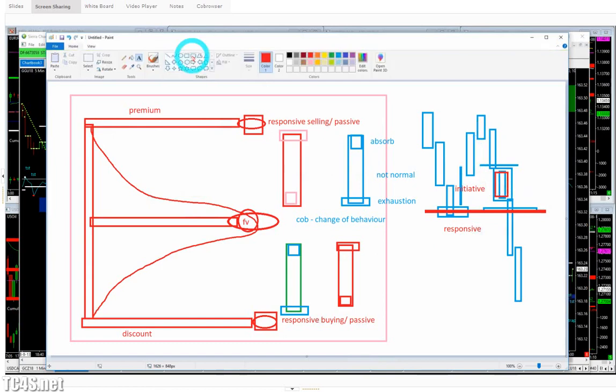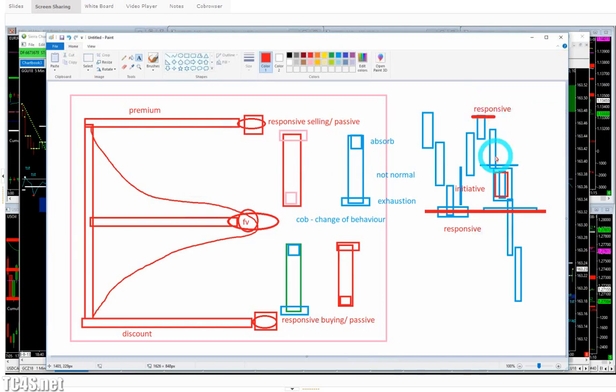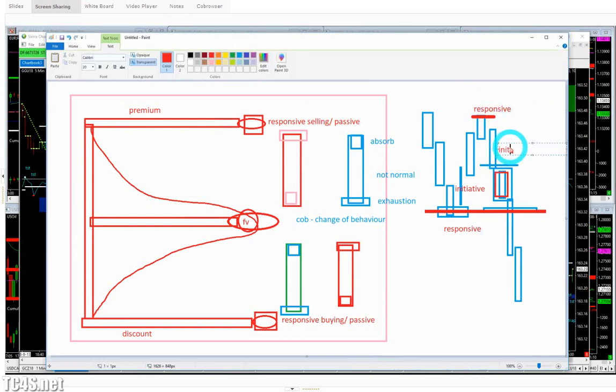And when they hit a top edge and it stops, usually that's going to be a sign of responsive. Well, that's normal, isn't it? That's what we've already identified as normal behavior. We've identified that responsive selling, that passive selling at the top edge is normal. And the price starts selling off. That's initiative. The price starts selling off.